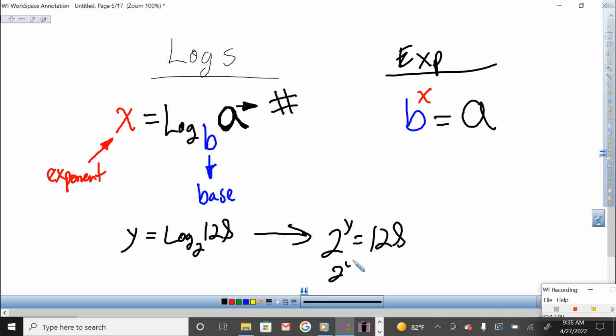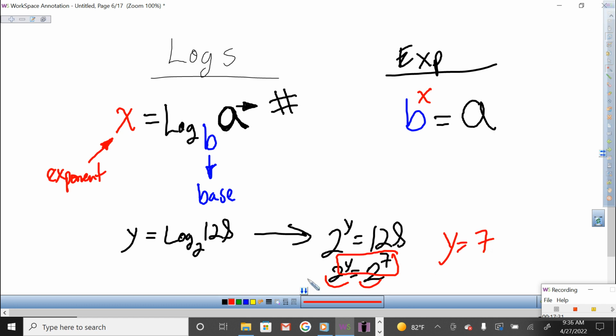Now we write this in base 2. How do we know what exponent? Well, we'll start multiplying. What is 2 times 2? 4 times 2, 8 times 2, 16 times 2, 32 times 2, 64 times 2, 128. So this is 7. And then once we have the same base, we just look at the exponent, so y equals 7.